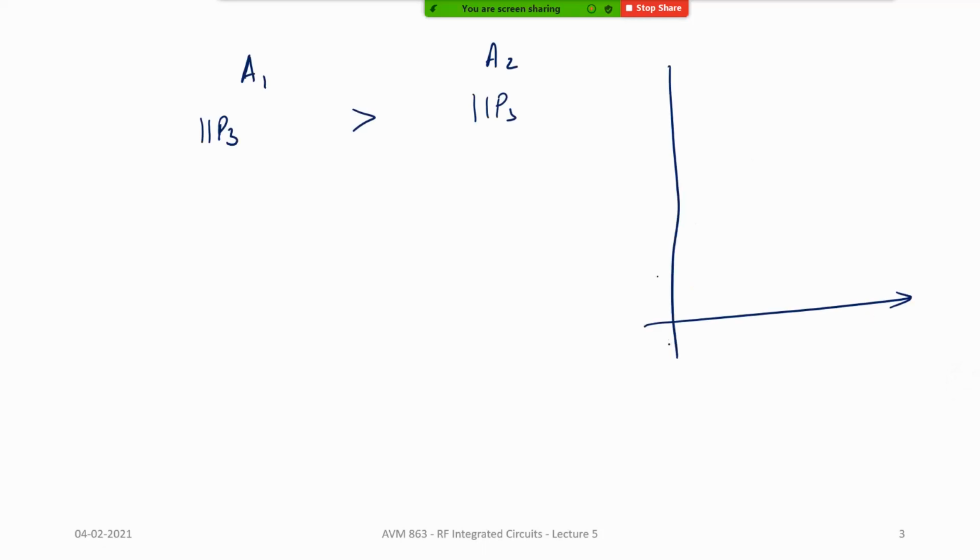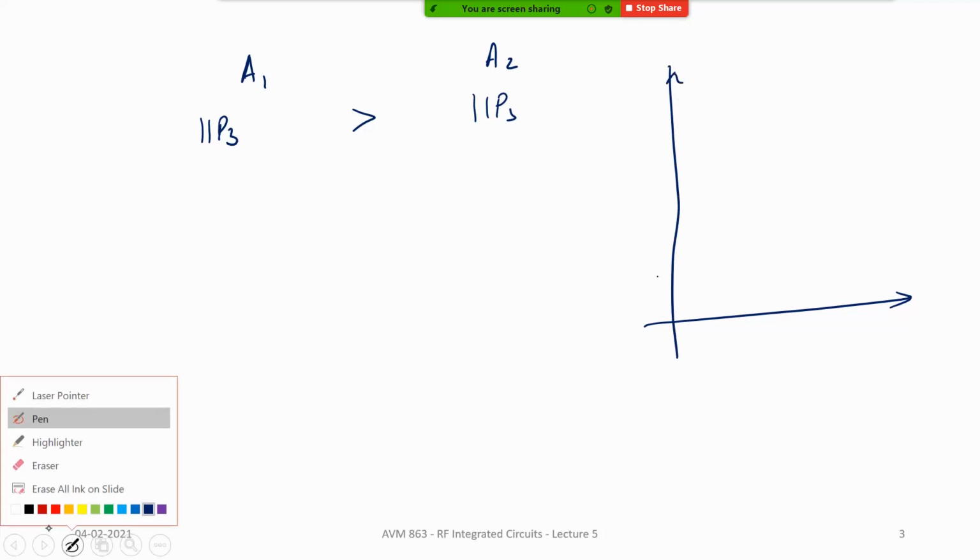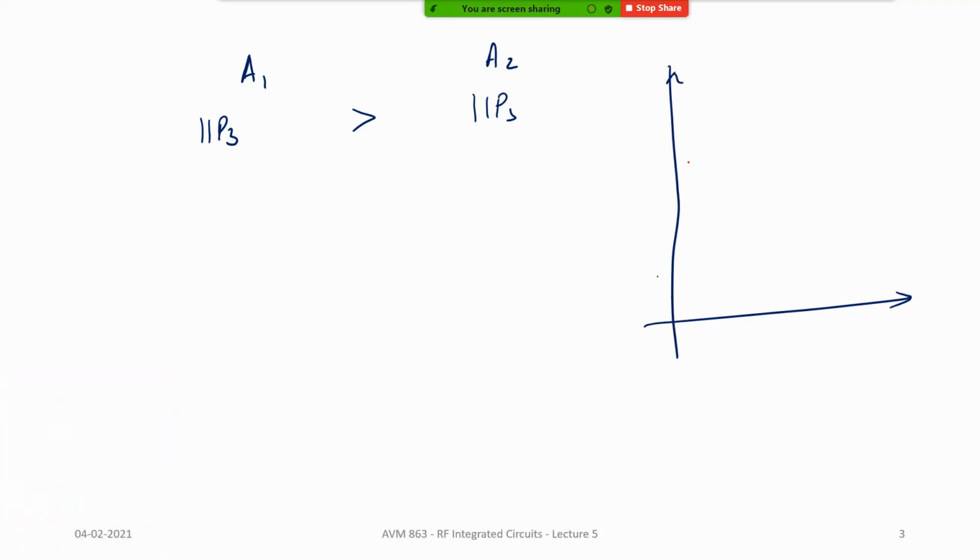Because of the point at which this is going to meet for amplifier 1. Let me just draw it here. Let's say the red curve is for this one, this is A1, and let's say this other curve, I'm just shifting it here, is going to meet somewhere here. This is A2.